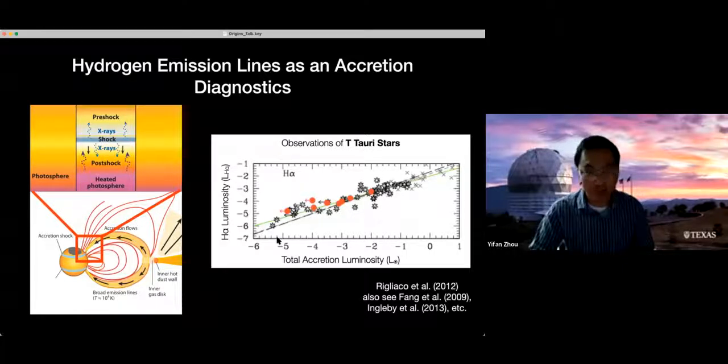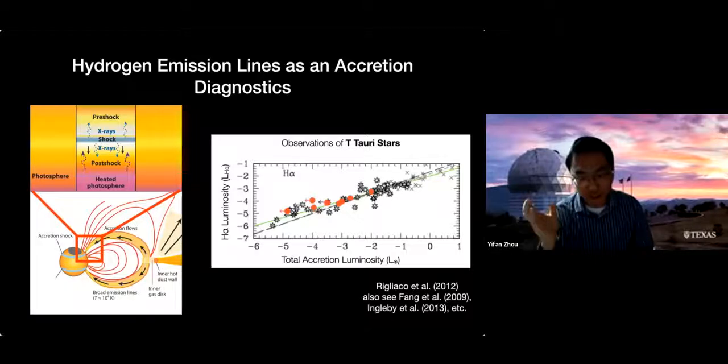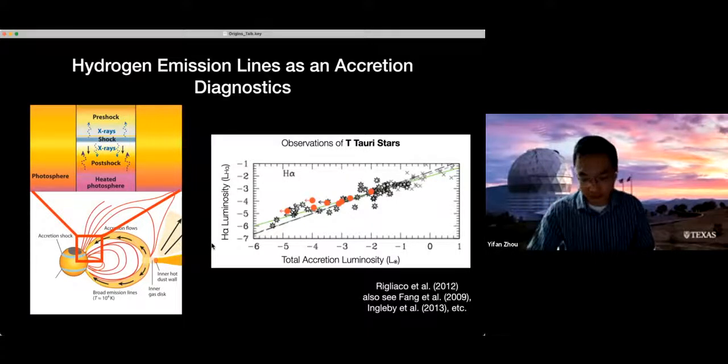T-Tauri star accretion regime. But for PDS 70 per se, because we only have the measurement in H-alpha, perhaps the best way we can constrain its accretion rate without any other observation is by extending this relation.